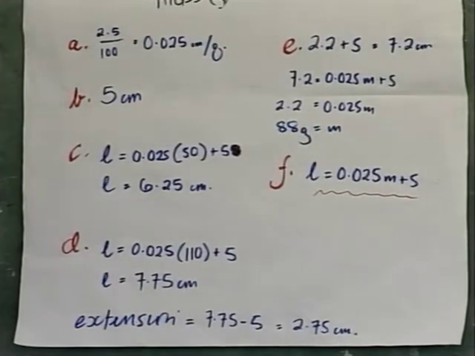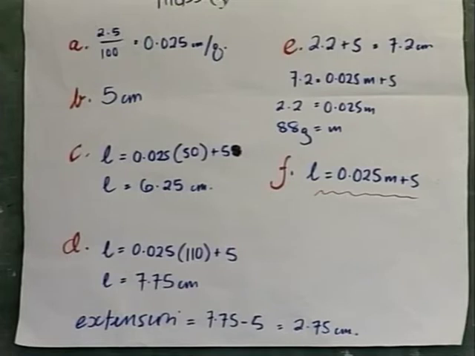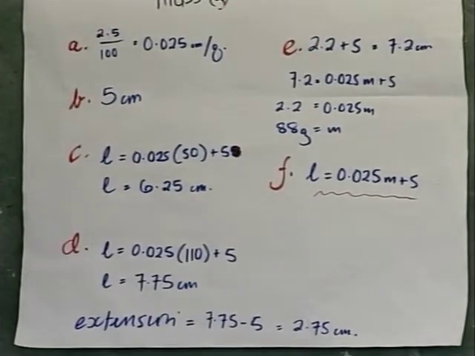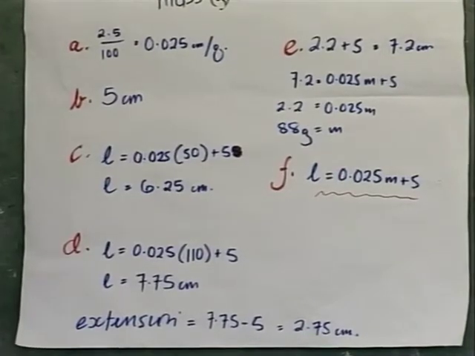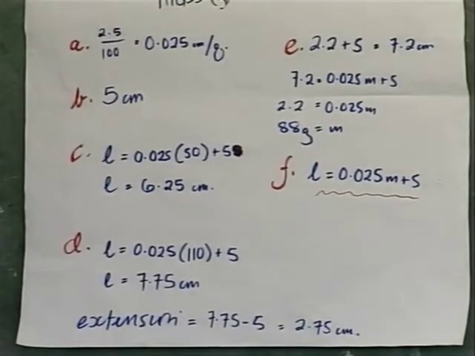And then just substitute into the equation, the mass is 88 grams. The equation is L equals 0.025, which is the gradient, times m plus 5, which is the y-intercept.